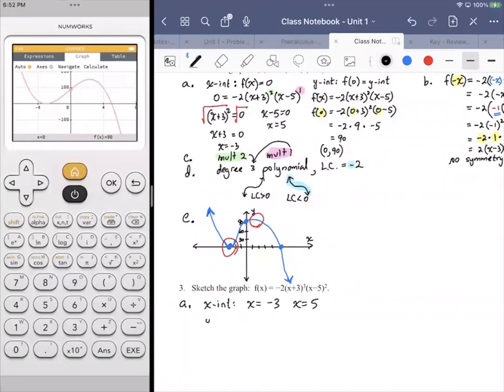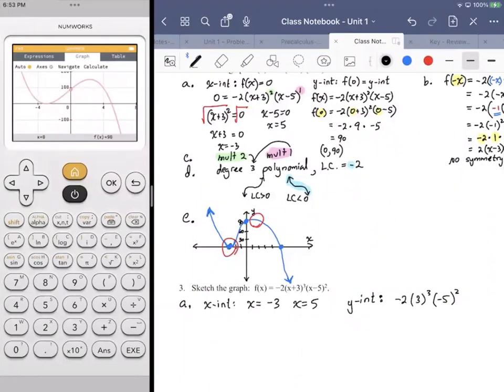The y-intercept, let me do y-intercept on this side like I did before. It's still f of 0, but you could probably crank that out a little quicker now because if you know that in finding the y-intercept, you're just zeroing out all the x values, negative 2 times 3 cubed times negative 5 squared. And this is where we get into that gray area of like how much calculator use is enough.